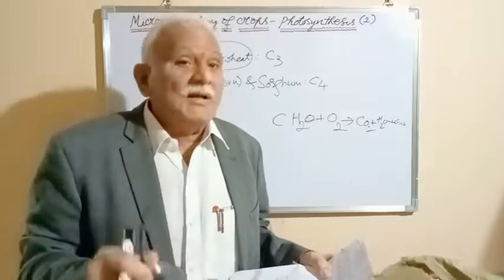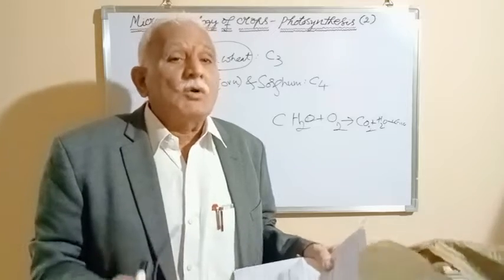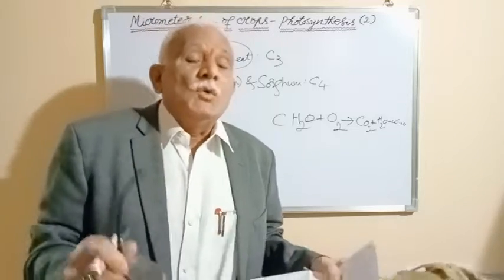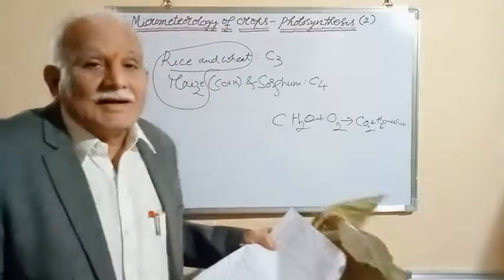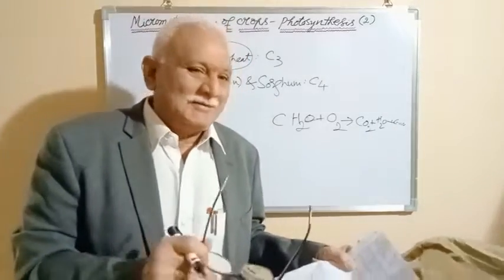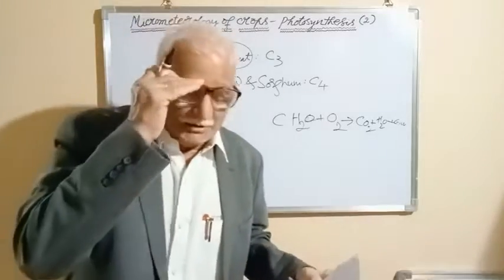This particular scientific finding helps the crop growth modelers to evaluate the C3, C4 plants: rice and wheat, C3, and maize, sorghum, of course sugarcane. These are all the C4 plants.